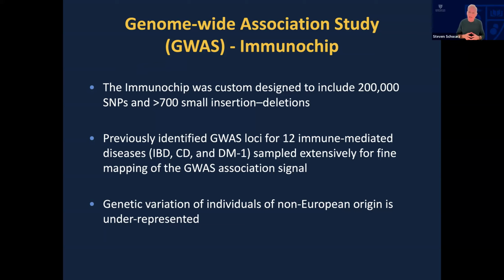So previously identified genome-wide association loci for 12 immune-mediated diseases have been conducted, IBD, celiac disease, and diabetes, where the genome is sampled extensively for altered signaling. And the problem with the genome-wide association, and I'm sure Dr. Levine can say more about this, is that the genetic variation of individuals of non-European origin is underrepresented. Hence the disparity between white and non-white populations with IBD.